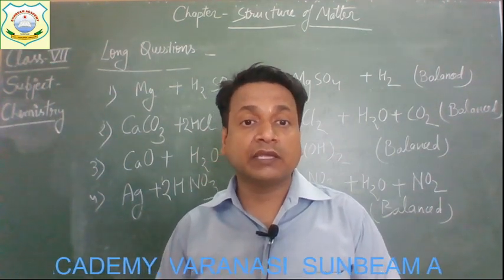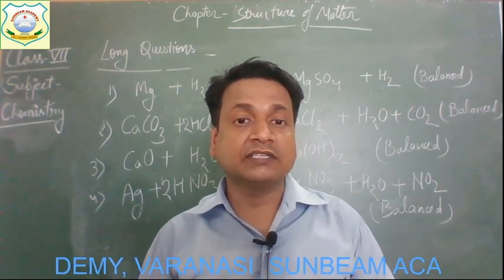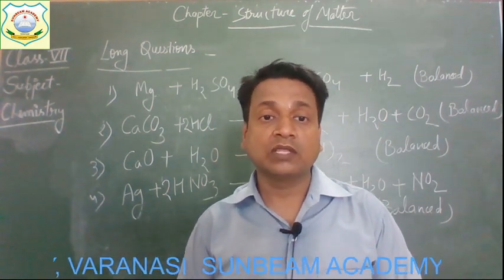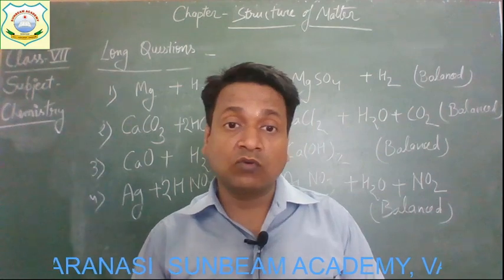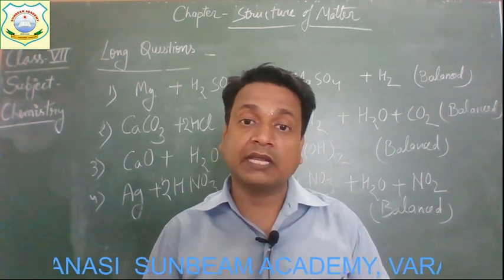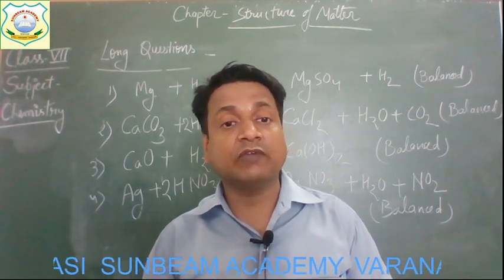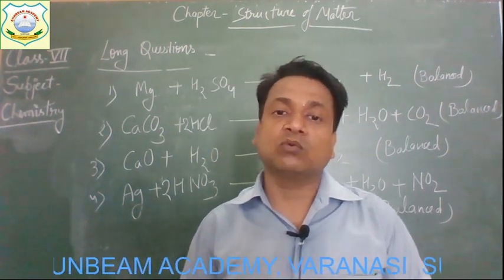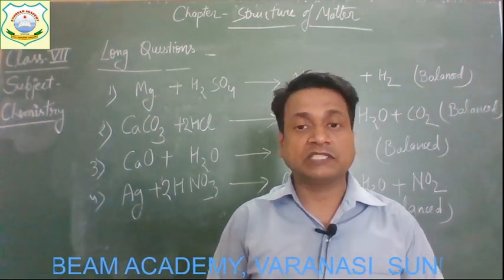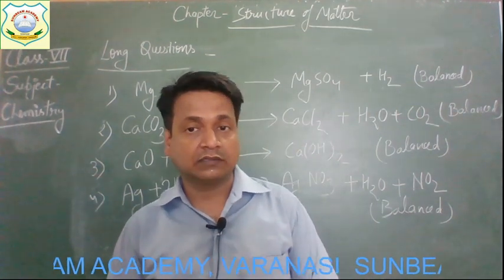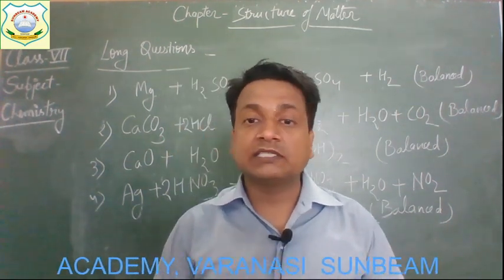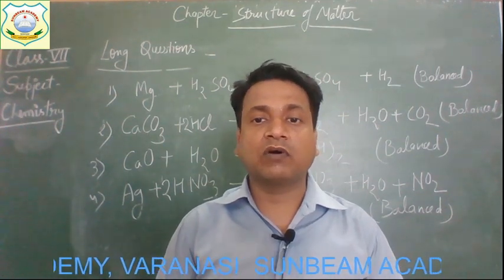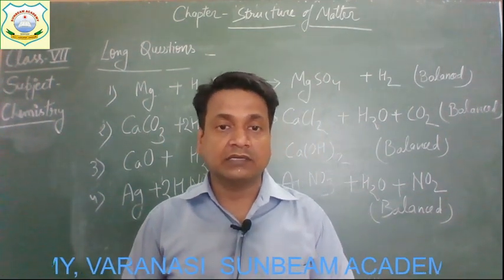So simply by using the given hints, we can say that the formula of a compound can be written if the symbols of its elements or radicals and their valencies are known. Okay, for example, calcium chloride. As their valencies are given in the question, we can write that the compound formed will be calcium chloride.